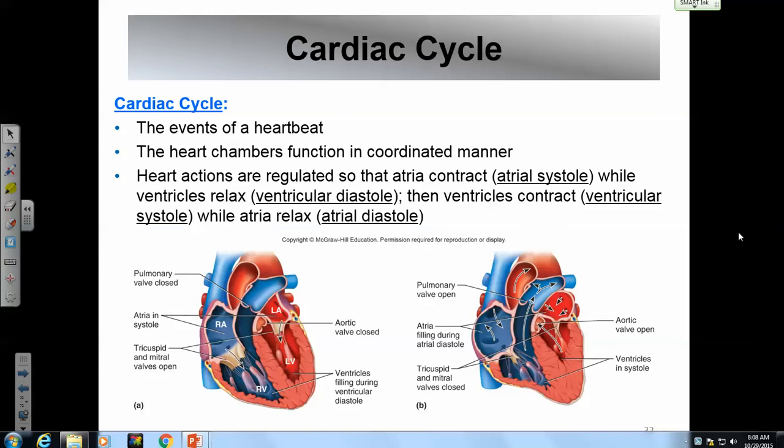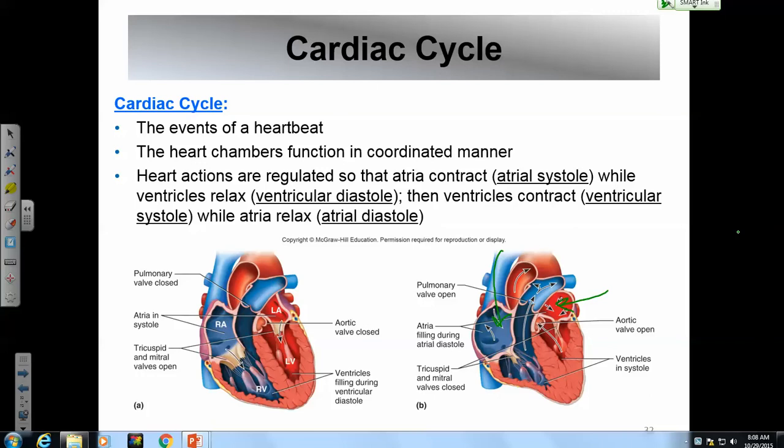Let's say blood's flowing into the atria on each side. As the atria are filling, they are in diastole. That's the relaxation or the filling of it. And then when they contract, that's atrial systole.